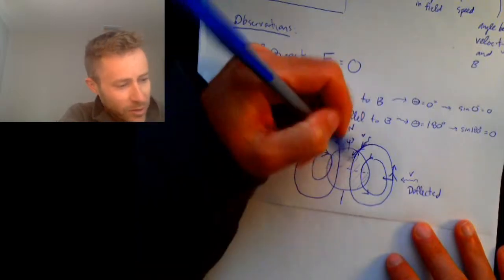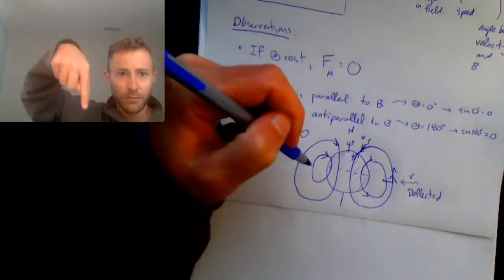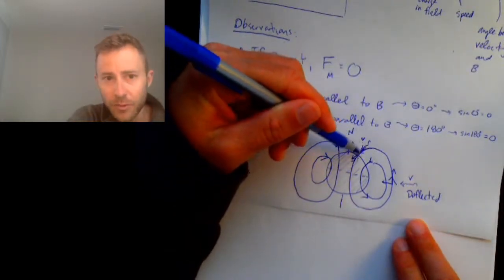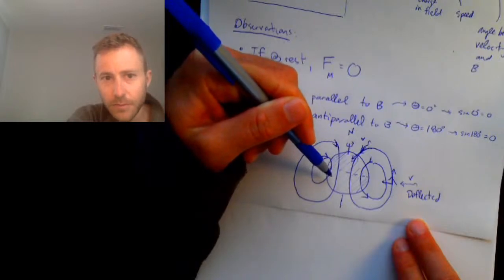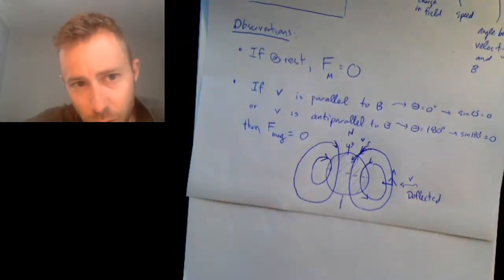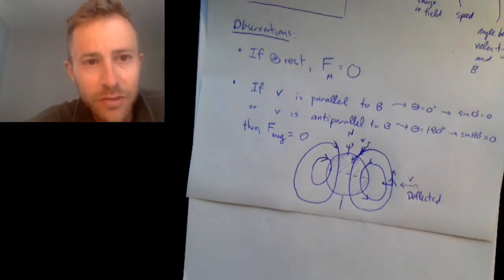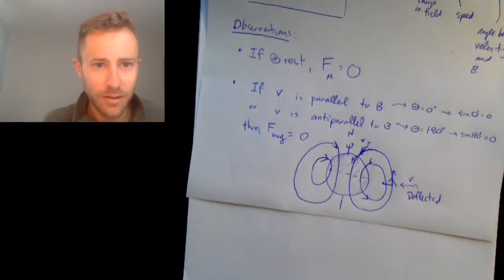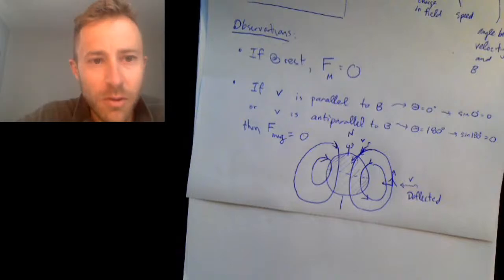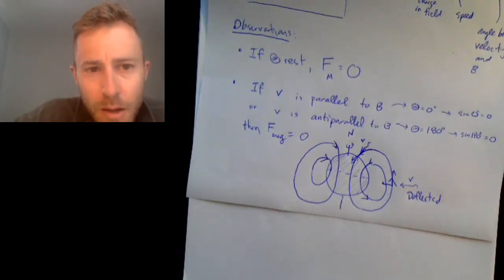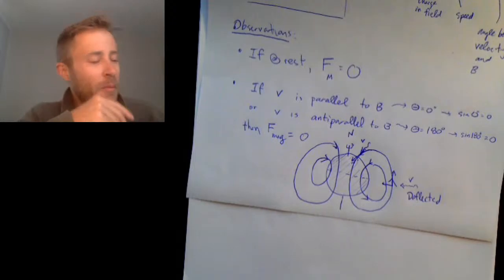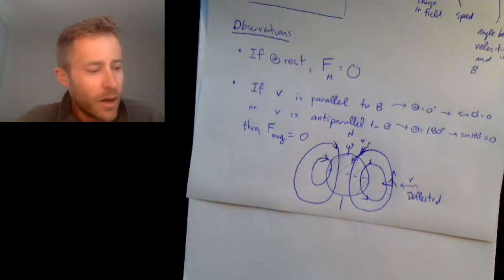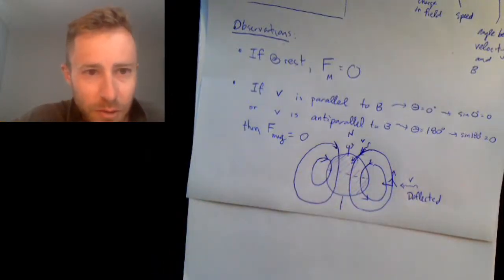So particles that come in from the North Pole direction, from a polar direction, are able to pass through the Earth's magnetic field and hit the Earth's atmosphere, which causes the Northern Lights. So the reason that the Northern Lights happen in the North Pole, and they can also happen in the South Pole, is because of the magnetic force law combined with the way that the Earth's magnetic field is shaped.